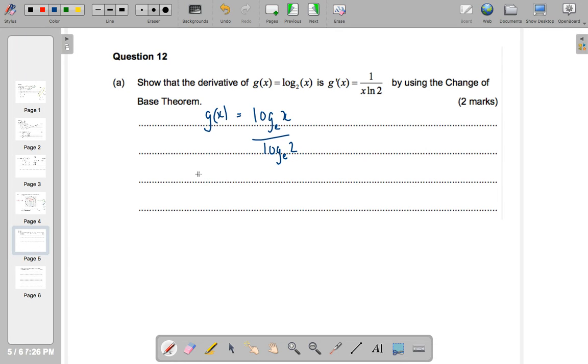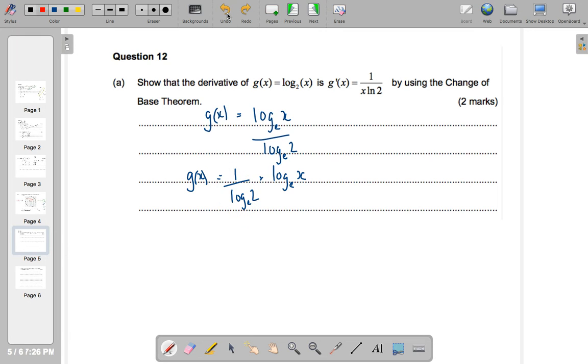Now the tricky little thing here is then to separate that out to this 1 over log 2 to the base e times log x to the base e. Now remembering, and this is what, according to the examiner's comments, caught a lot of people out, that's actually a number. All right, 1 over log 2 to the base e is a constant, is a number.